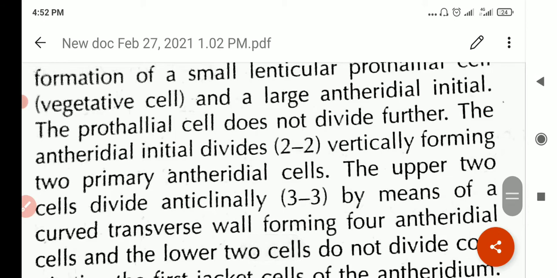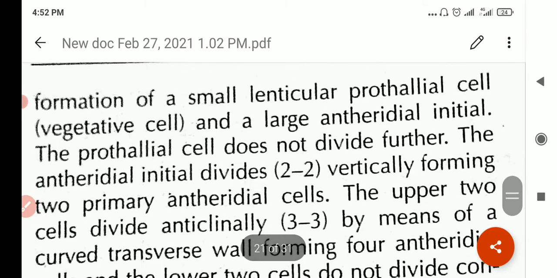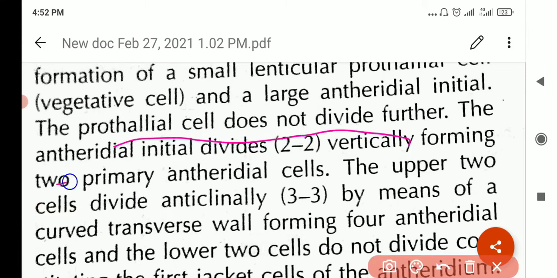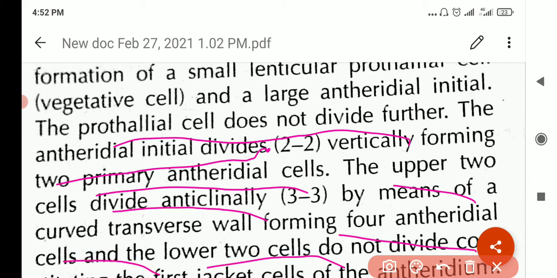So we get one small prothallial cell and a large antheridial initial. The prothallial cell will not divide anymore, and the antheridial initial will divide to form two primary antheridial cells. The upper 2 cells will divide anticlinally, forming 4 antheridial cells, and the lower cell will not divide anymore.